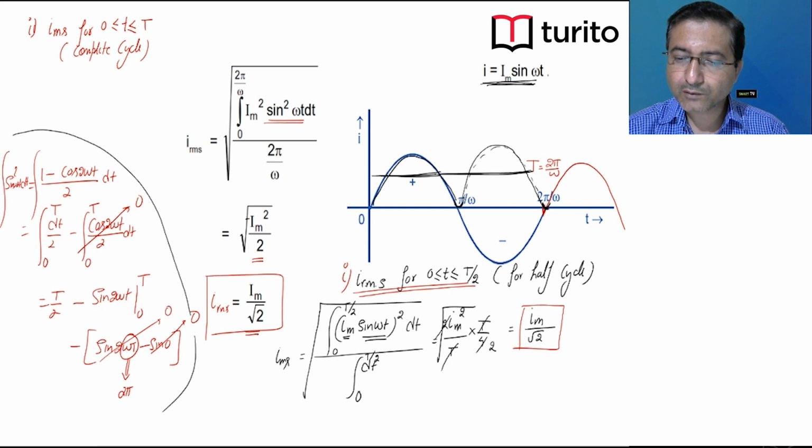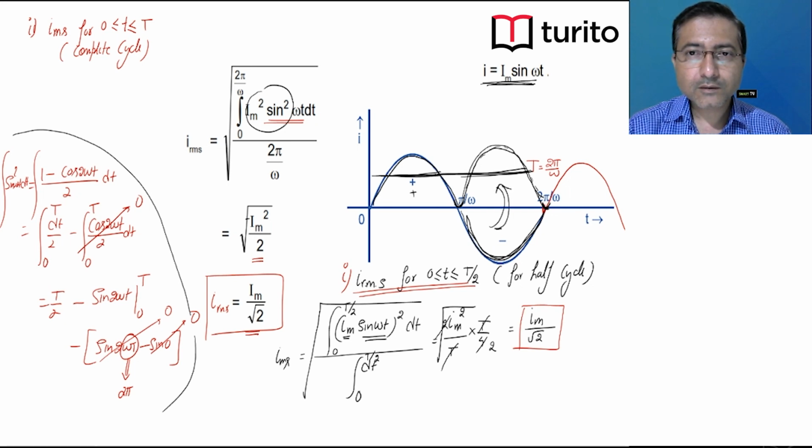So the RMS value will remain the same, but the average is 0 because of positive and negative parts. For root mean square, you have to square the function, so whatever is on the negative side goes up after squaring. I hope you understood this point.